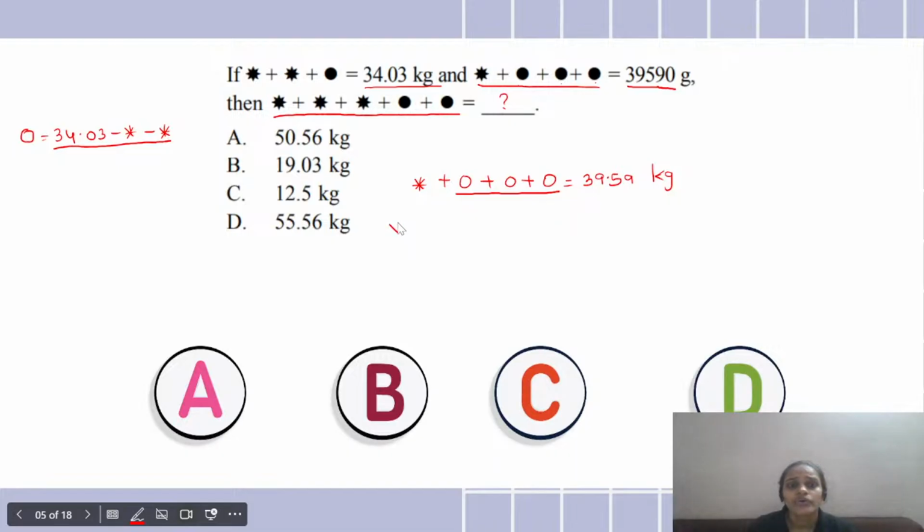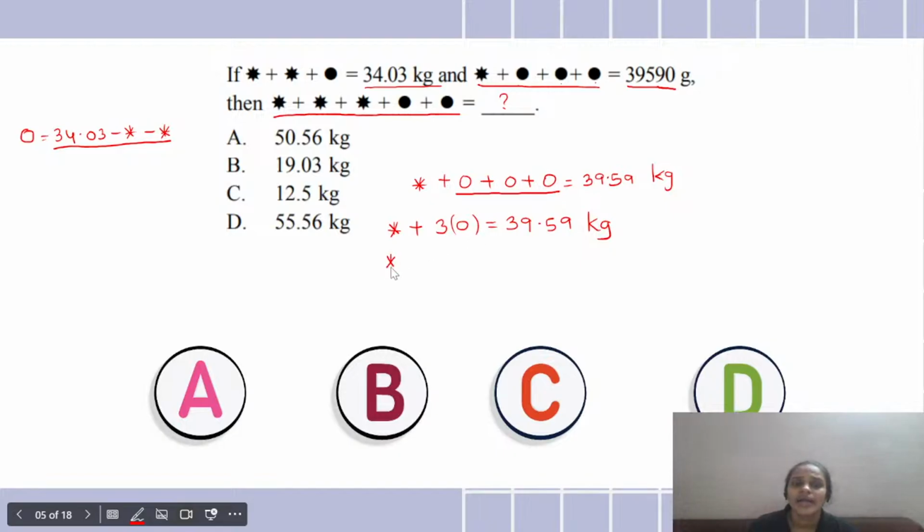So now star plus, okay, star plus, can I write this as 3 times circle equals 39.59 kg, right? Because circle plus circle plus circle equals 3 times circle.